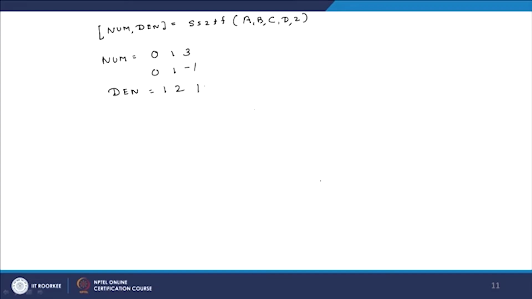So here we find that there are 2 inputs and 2 outputs.